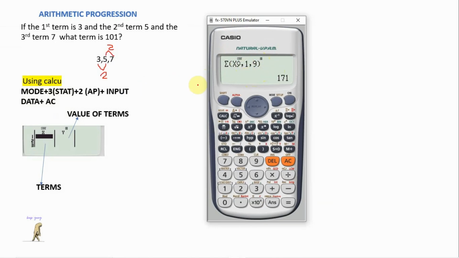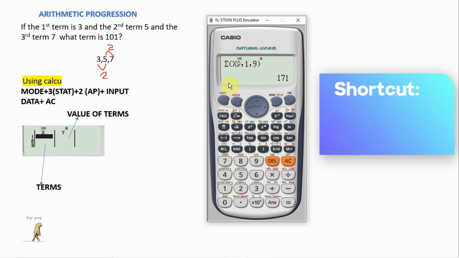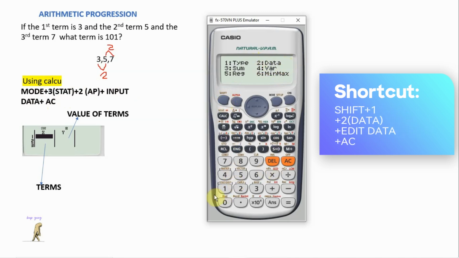So if you want to use this, mode 3 2, then input data and AC, you can do that. But if you want a shortcut, if you are already in statistics and arithmetic progression, you need to press shift, then 1 as you can see here, and then number 2 for our data. Then let's just edit the data, then let's solve again. Like that.